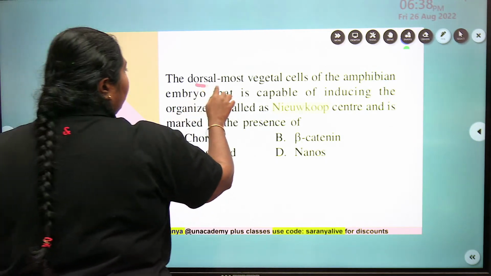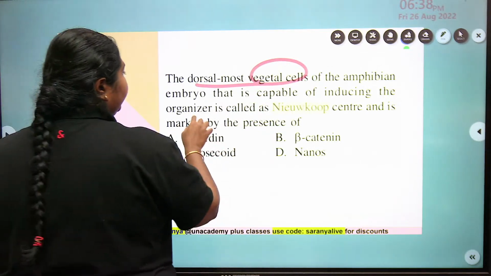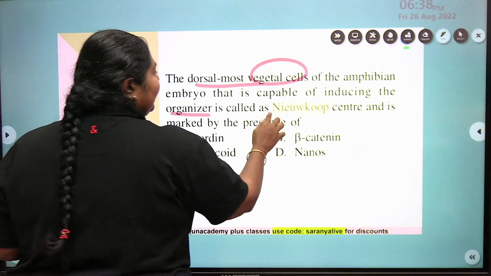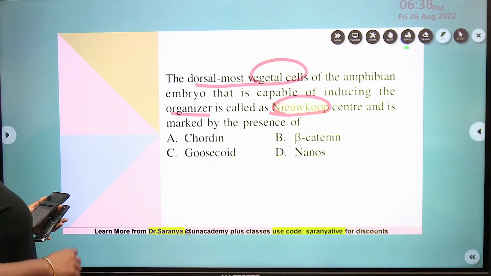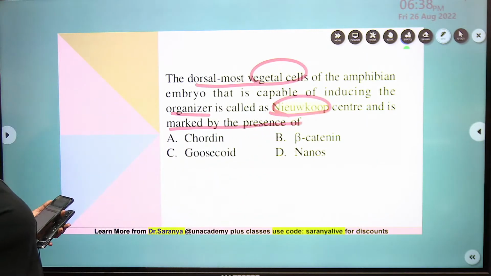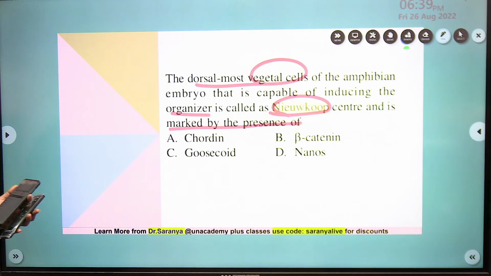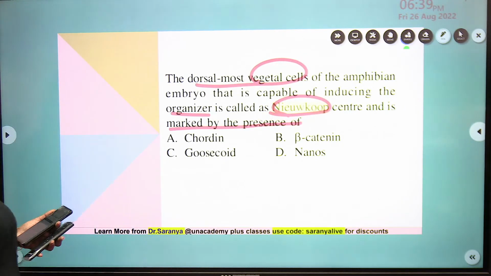The dorsalmost vegetal cells which are capable of inducing the organizer are called the Nieuwkoop center. You know that. The question is, it is marked by the presence of what? So Nieuwkoop center is rich in chordin, beta catenin, goosecoid, nanos.